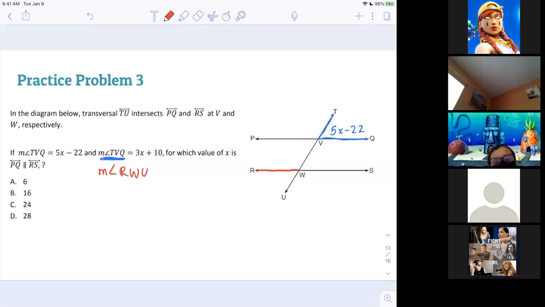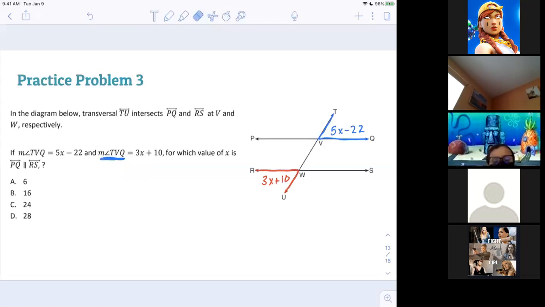This one. Okay, so ignore what it says in the problem, but if TVQ is 5x minus 22 and RWU is 3x plus 10, what value of x is going to make PQ and RS parallel?